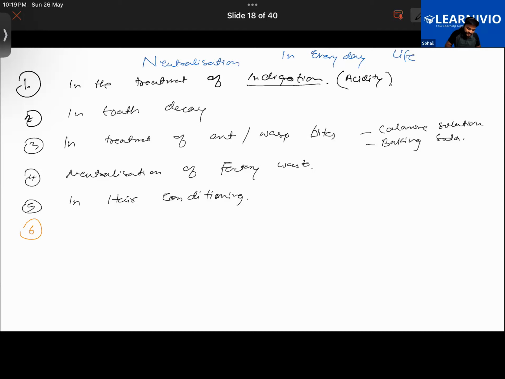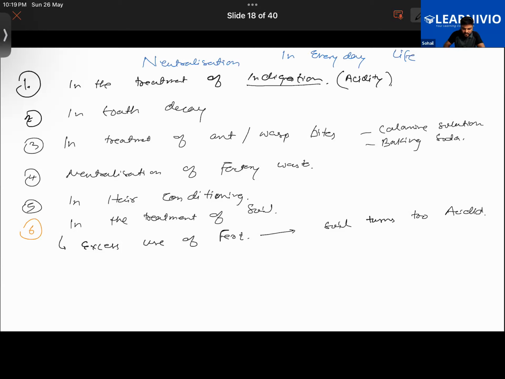So another important thing is in the treatment of soil. Here, excessive use of fertilizer turns the soil too acidic, so thereby plants will not grow.